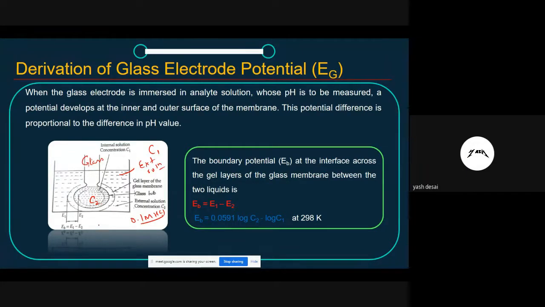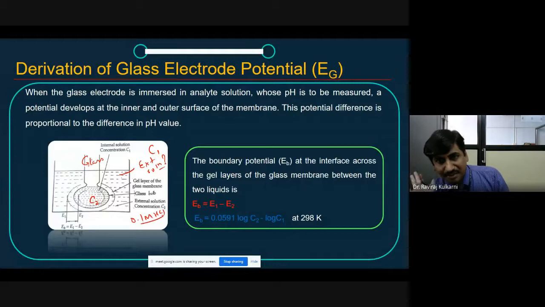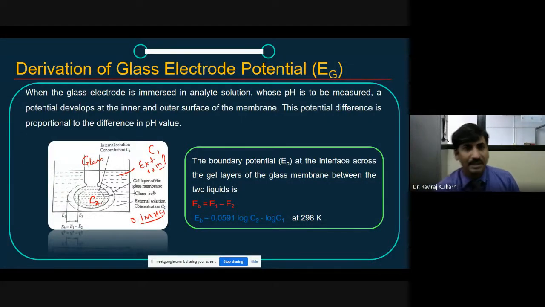The external solution concentration we don't know, but since it is pH, it means the concentration of H+ ions only. The external solution contains H+ ions, but what concentration we don't know. So when you dip this glass electrode in an external solution, it develops a potential with respect to H+ ions outside the membrane as well as H+ ions inside the membrane.